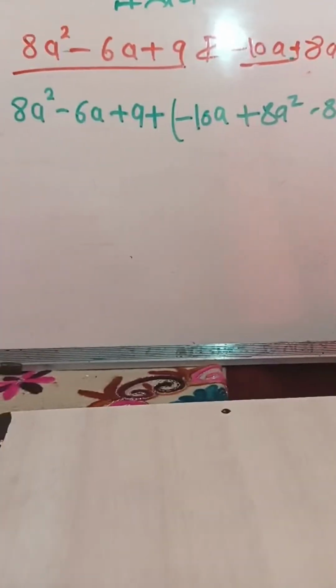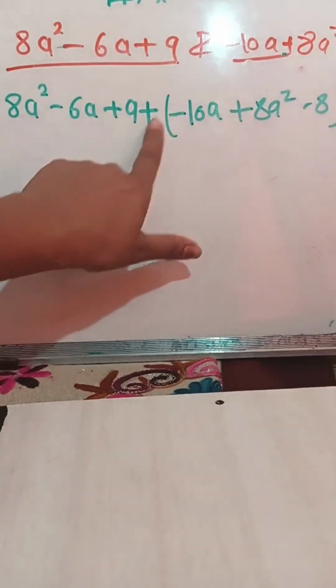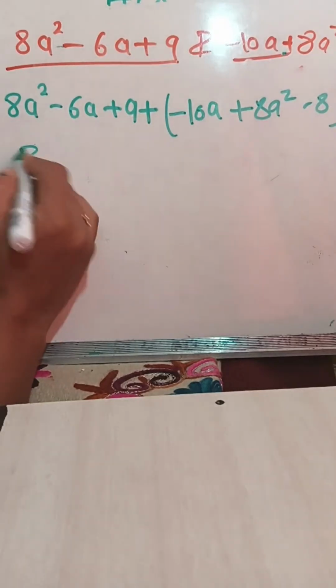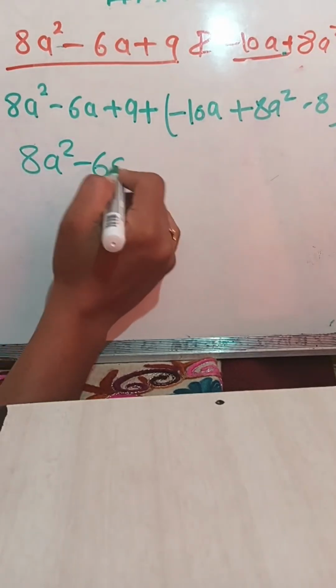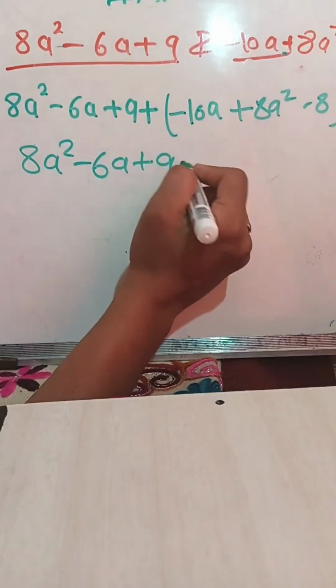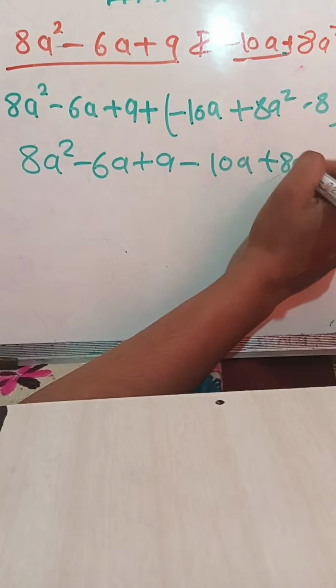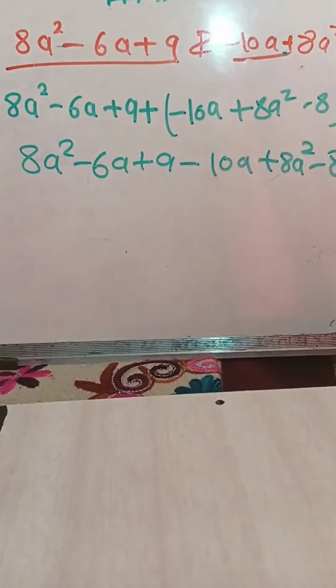How will we open it? If we have a plus sign, then the internal signs stay as they are; there is no change in the internal signs. Just write down 8a square minus 6a plus 9 minus 10a plus 8a square minus 8. Okay, now first write like terms together and unlike terms together.